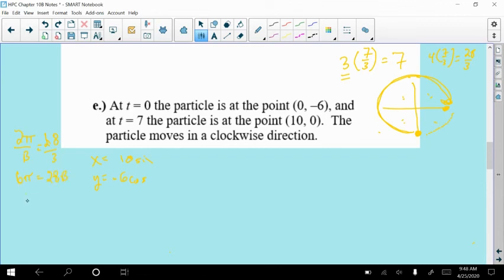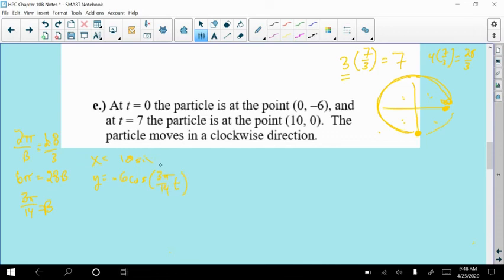So divide the 28 across. So b is equal to 6 pi over 28, which is 3 pi over 14. So 3 pi over 14 equals b. Okay, so that becomes my coefficient. So now I know it's negative 6 cosine of 3 pi over 14 t.